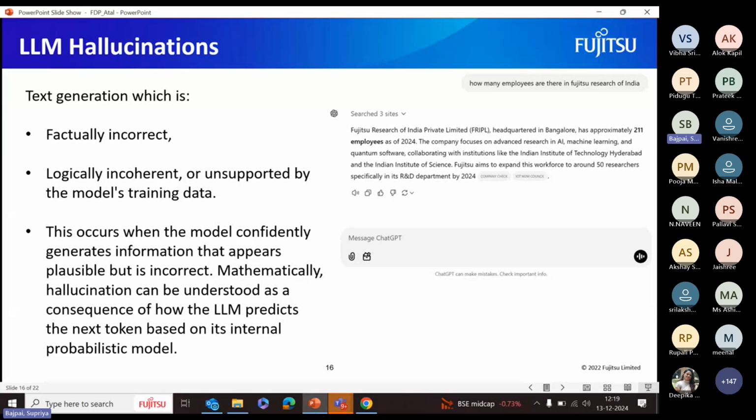All right, now let's talk about something a bit strange that happens with LLMs, called hallucination. When LLMs hallucinate, they give answers that sound really convincing but are actually totally made up or incorrect.